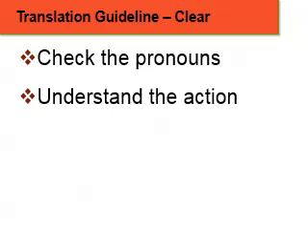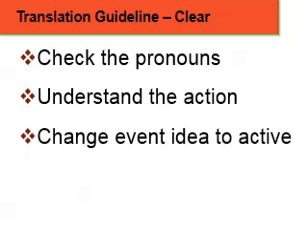Also, check each abstract noun, also known as the event idea or passive verb form, to be sure you understand who is involved with the action. You should change each event idea into an active clause to be sure it is understood. Now, let's look at the next item.